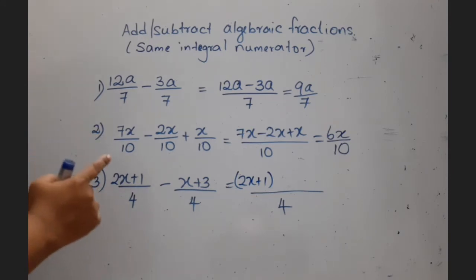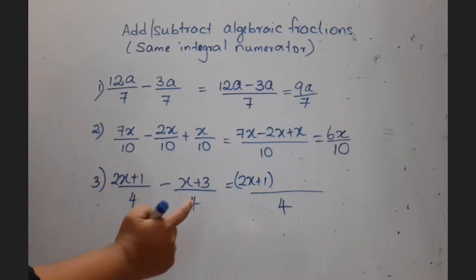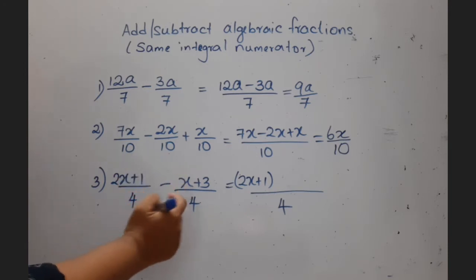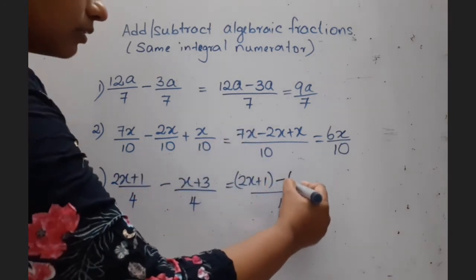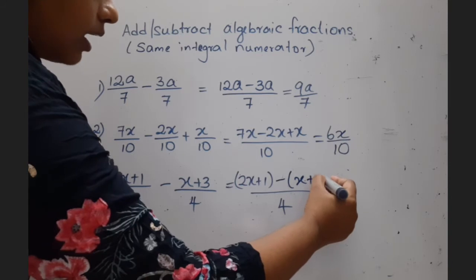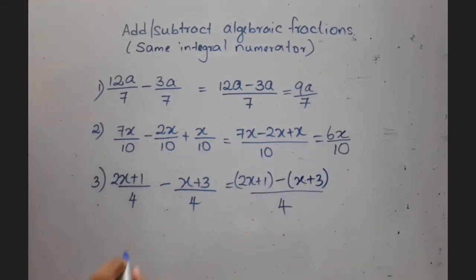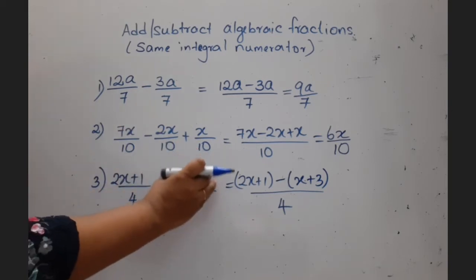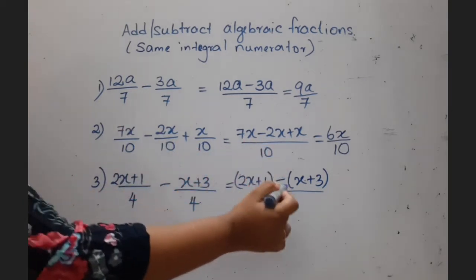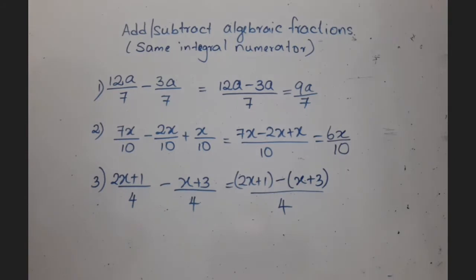But when you are subtracting an algebraic expression, children, please always put the brackets, otherwise you will make a mistake when you expand it. Since you are subtracting an algebraic expression, you should put it in brackets.